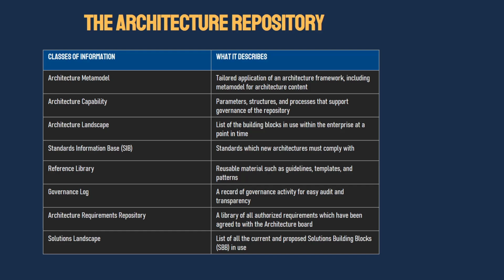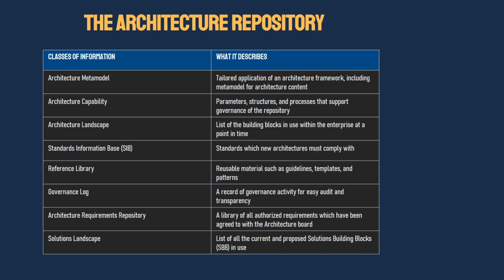The standards information base describes standards which new architectures must comply with. The reference library is reusable material such as guidelines, templates, and patterns. The governance log is a record of all governance activity that's kept in one place for easy audit, decision making, and transparency.